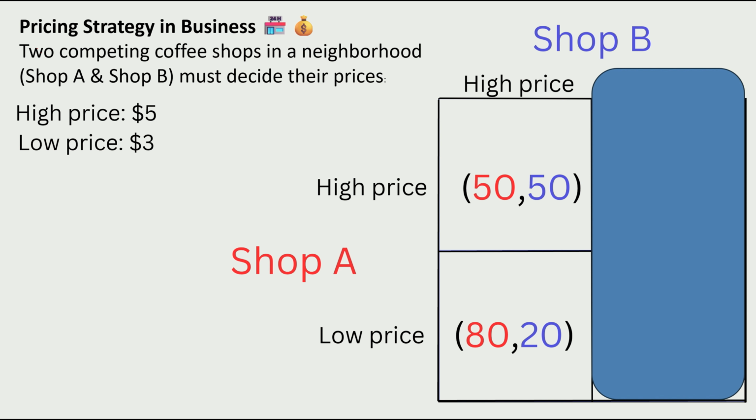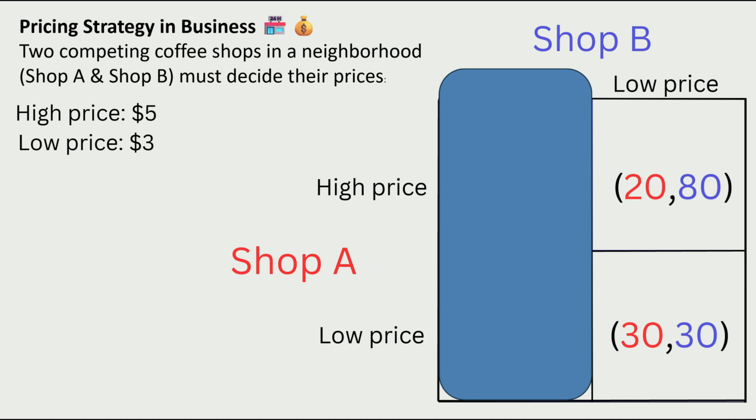Okay. Now let's look at what happens when shop B charges a low price. Then shop A would earn $20 in revenue if they charge a high price, or $30 in revenue if they charge a low price.